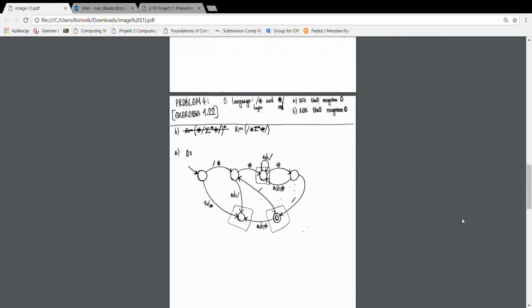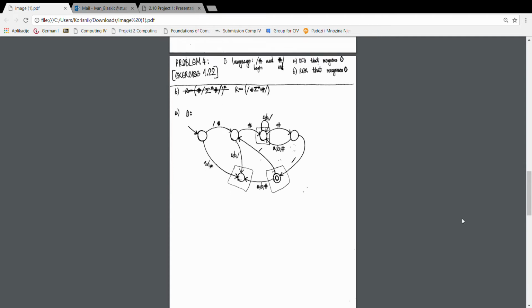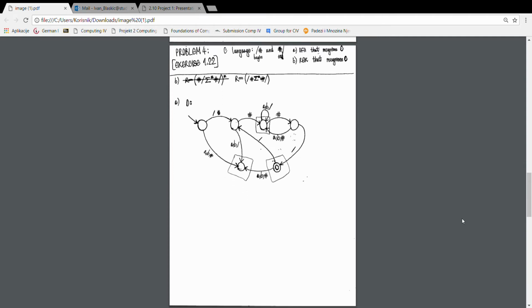Okay, moving on, problem number 4. I found this one very interesting because it gave me an example of how the C language can see and accept comments when somebody is coding.